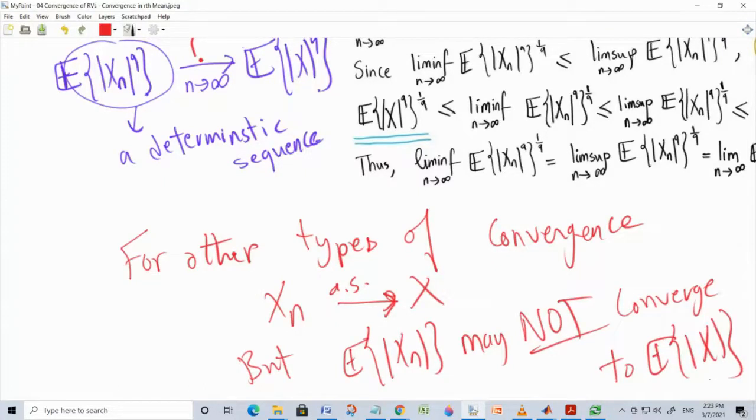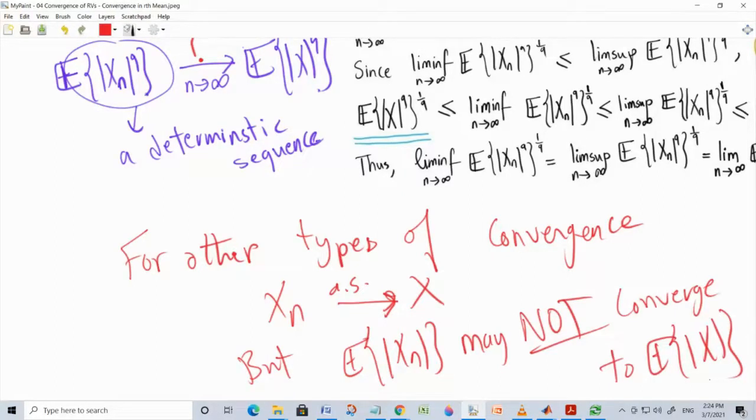Okay, so it is very tempting to say, okay, so those random variables converge in some sense to a limit random variable, so the sequence of moments converges to the moments of the limit random variable. Wrong. Generally, this is not true.